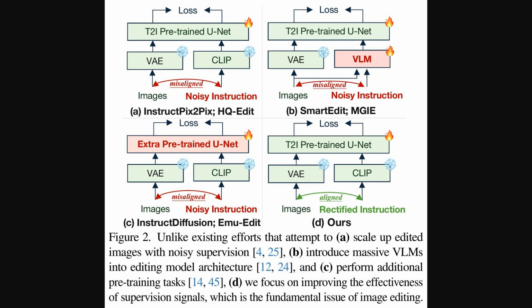But Diagram D, their method, focuses on, quote, rectified instructions accurately aligned with the image changes. This approach uses a fairly standard setup, including a pre-trained UNet, a common network for image tasks, a variational autoencoder for handling image data, and CLIP, which links images to text to process these improved instructions.